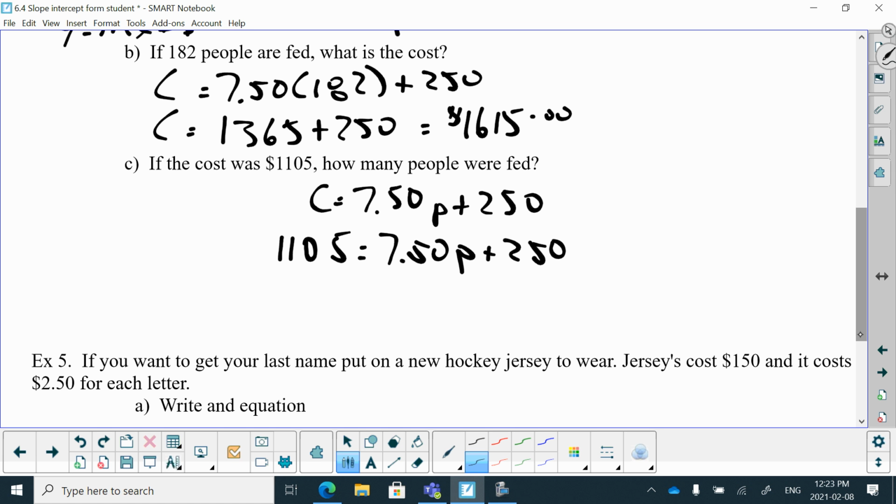So do the math from here. What would we need to do to figure that out? Get D by itself. What should we do first? Subtract 250.